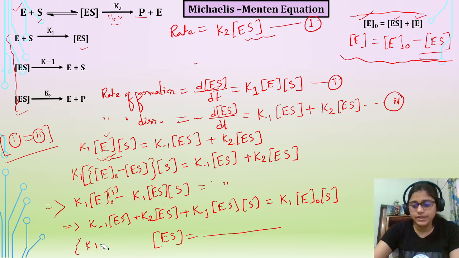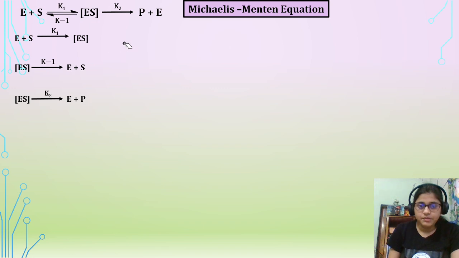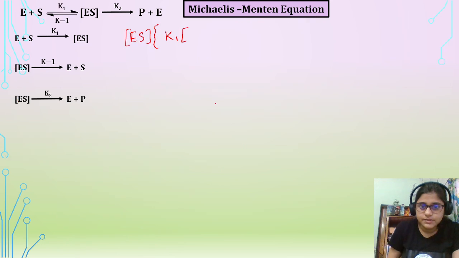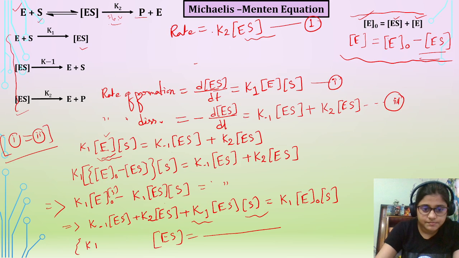So if we take ES as common, then K1 into S, plus K inverse and K2.